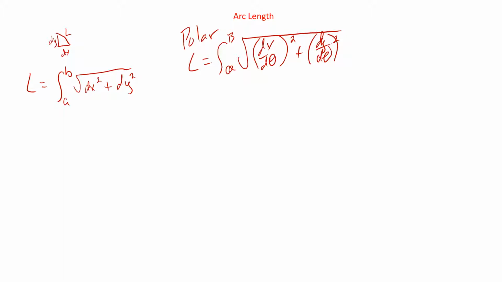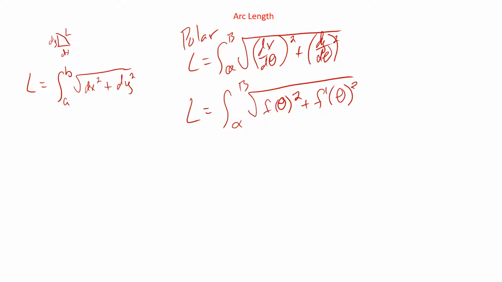So if you remember that, we can plug those in, and we can square them, and then we can do a whole bunch of calculations, and what we end up getting is the length from alpha to beta is the integral from alpha to beta of the square root of f of theta squared plus f prime of theta squared. And what happens there is we get some Pythagorean identities, sines, cosines cancel, things like that. They all disappear. And we're just left with these pieces.